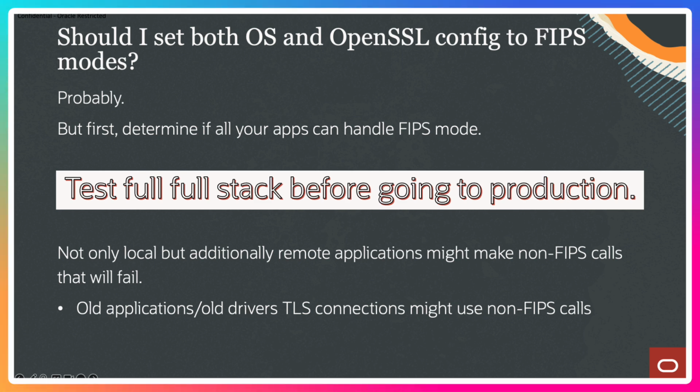I think the answer probably for most is probably, but you can set up OpenSSL 3 to just work for certain applications in FIPS mode and not for others. These might be things you have to explore based on maybe having non-FIPS capable applications installed on the same server. But you really should test all this out on a full stack and make sure you don't have any issues.